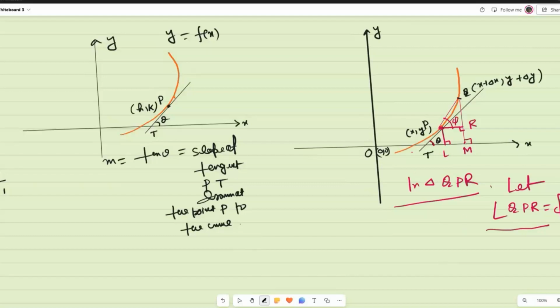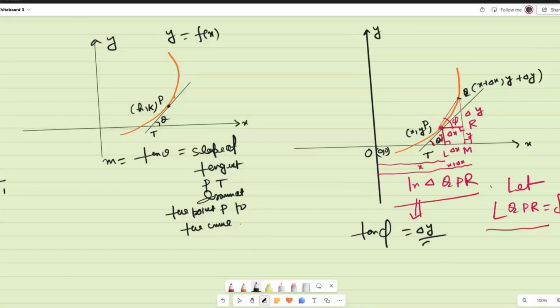Tan phi is what? That we can do easily. This part is x. This one is x plus delta x. So this part is delta x, this is also delta x. This part is y, this part is y, and this part is delta y. So in triangle PQR, we can write tan phi is equal to delta y by delta x. This is quite obvious: perpendicular by base.